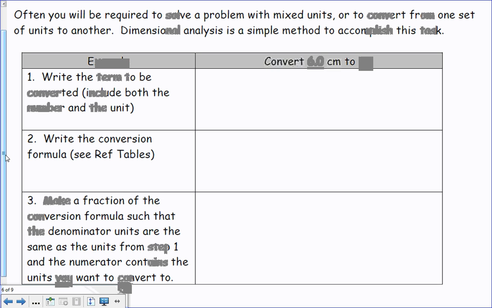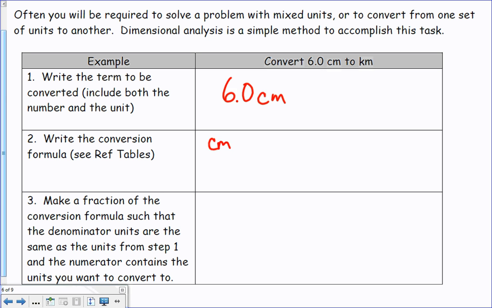It says start by writing the term with the unit that you're going to convert from. So that's 6.0 centimeters. And it says write the conversion formula from the reference tables. Let's do it the other way around because I do it better this way.